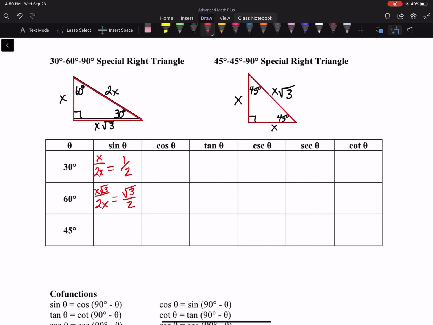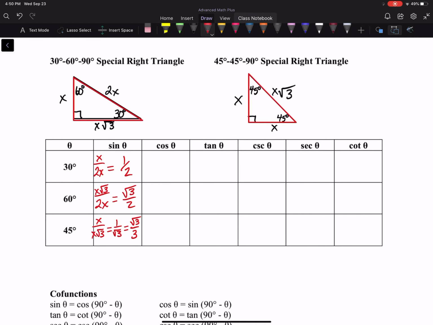And then 45's sine, opposite of 45, it does not matter which one you pick. The opposite will be x over, the hypotenuse is x square root of 3. Well, that is 1 over the square root of 3. And just like earlier, we don't want our square root to be on the bottom, so you move it to the top and multiply it. So square root of 3 times 1 is square root of 3 over 3.